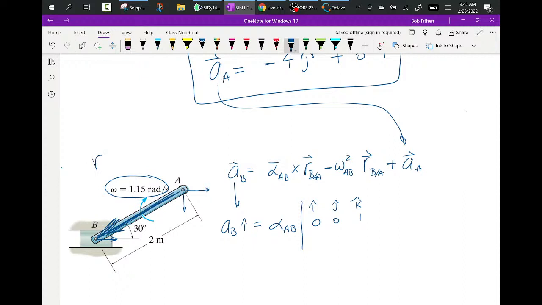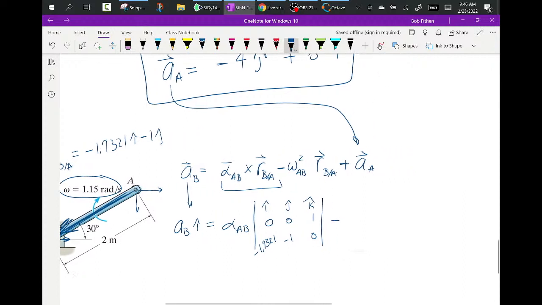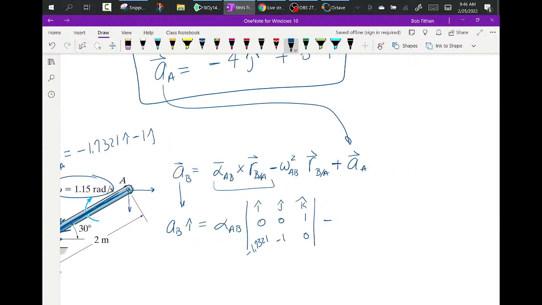So again, R, B, A, which was the same as up there a few minutes ago, minus 1.7321 I minus 1J. It's the same thing, minus 1.7321 minus 1, 0. That comes from here, and then minus. Okay, so I can go ahead and put this in.